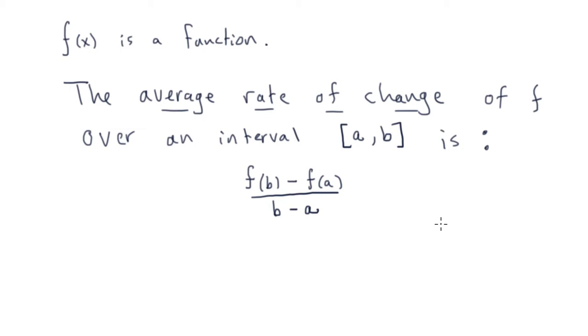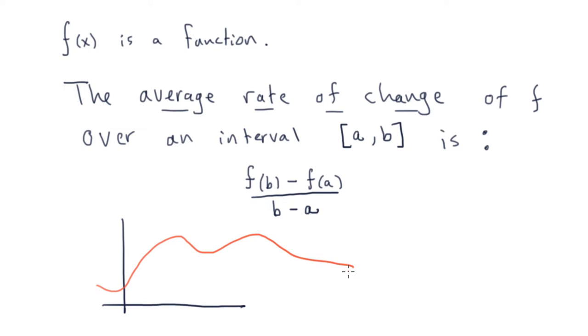Now, there's also a geometric way to view the average rate of change. So suppose that the graph of my function looks something like this. Okay, there's my function. So the average rate of change of the function, let's say that here's a and here's b.